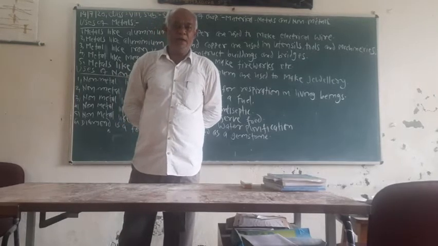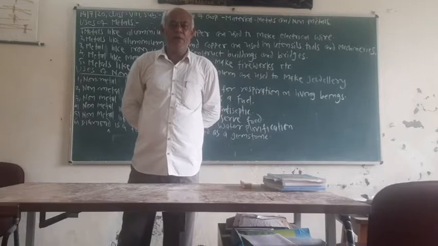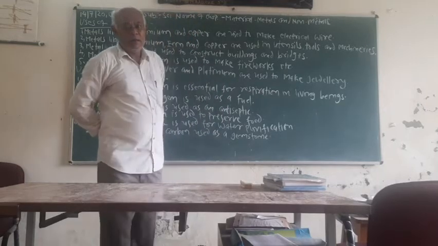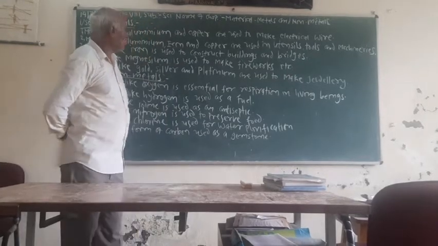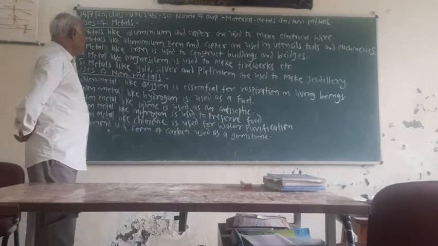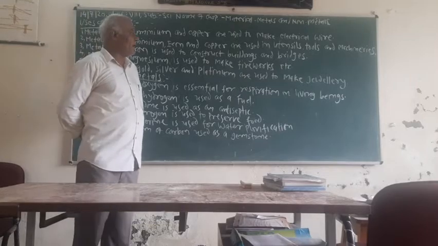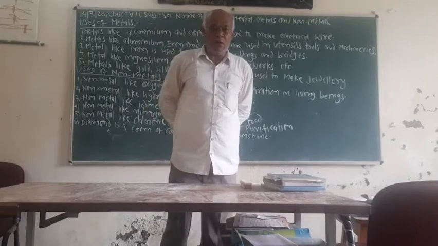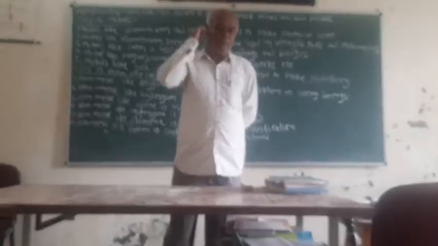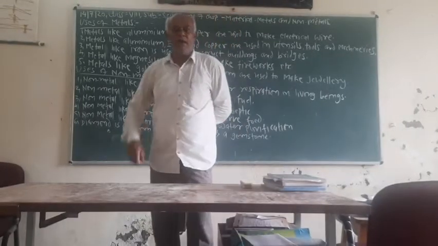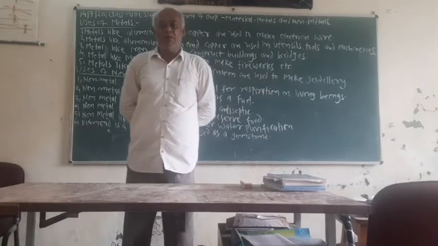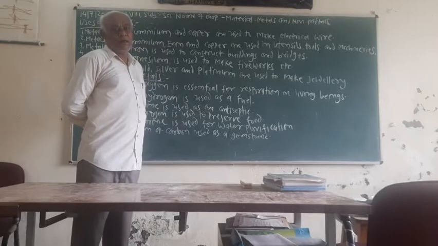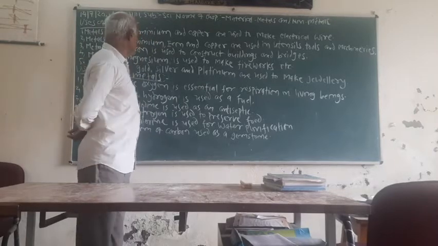This property is used to prepare tools like cutting and drilling tools, for which metals like aluminium, iron and copper are used. Spare parts of machinery are also prepared from metals like copper, aluminium or iron because metals are very strong.